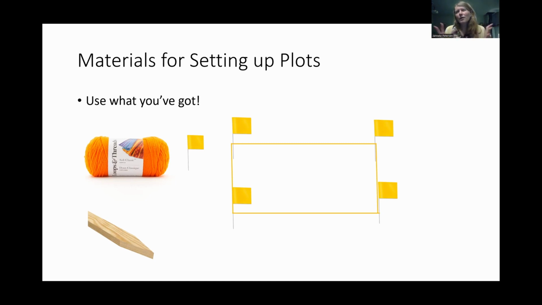But you don't want the reference plots to be so big that students aren't going to be able to count up all the plants in the plot in your 50-minute science period. So you can make that judgment yourself. I've done plots that are 5 feet by 5 feet, 10 feet by 10 feet. So you can make that call. But once you've set up those reference plots, just have the plots in your restoration site be roughly the same size.